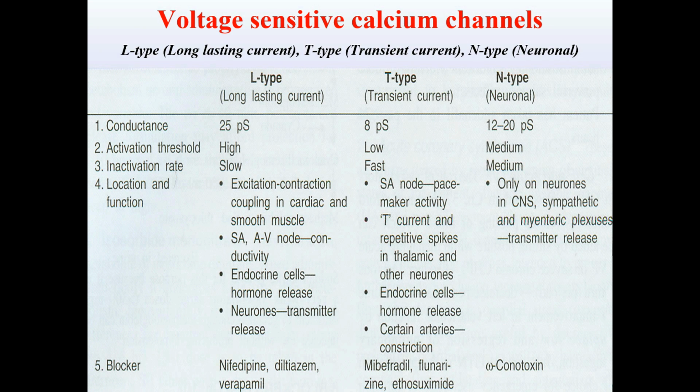Voltage-sensitive calcium channels: L-type, long-lasting current; T-type, transient current; and N-type, neuronal. You can see conductance, activation threshold, inactivation rate, location and function, and blocker of these channels: L-type, T-type, and N-type.